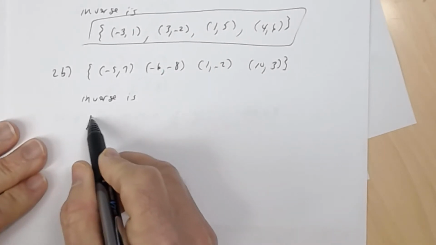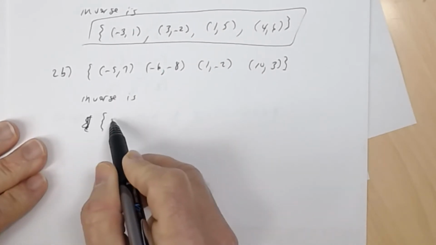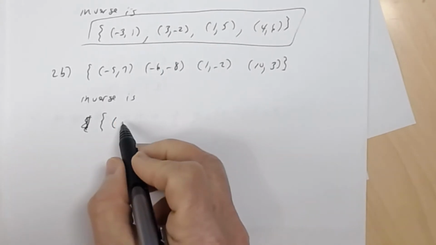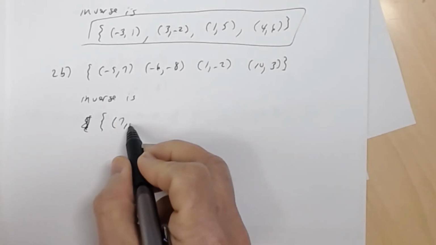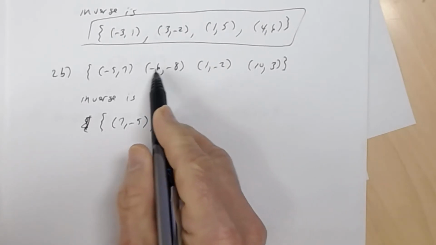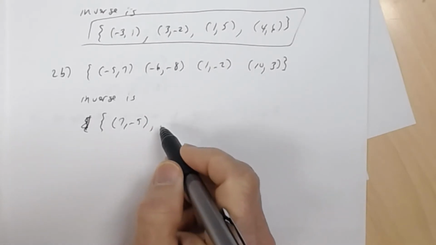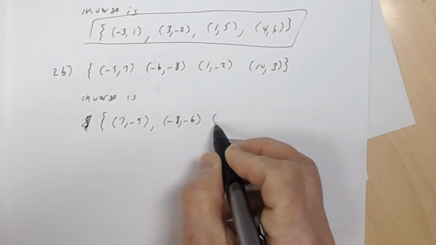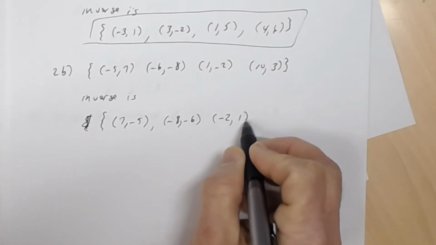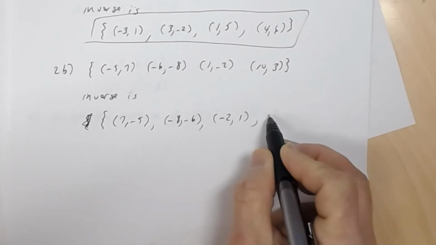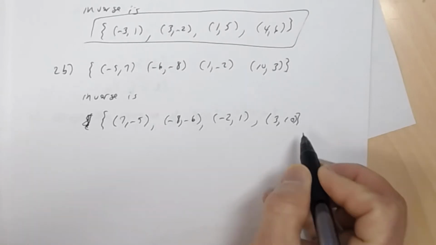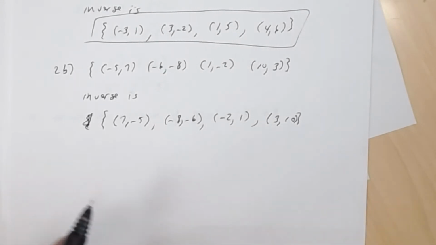So that's going to be the set that has these four points. 7, -5, right? And then -6, -8 on the inverse becomes -8, -6, -2, 1, and then finally 3, 10. Okay? All right, so that's 2.